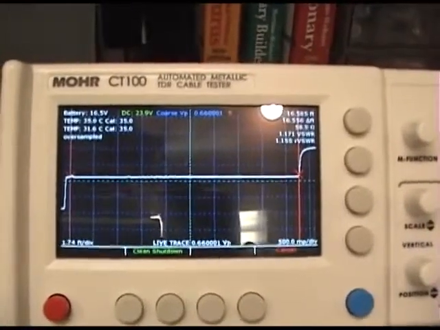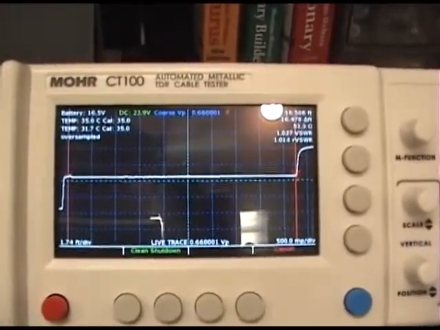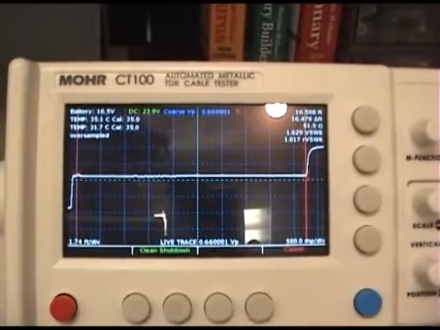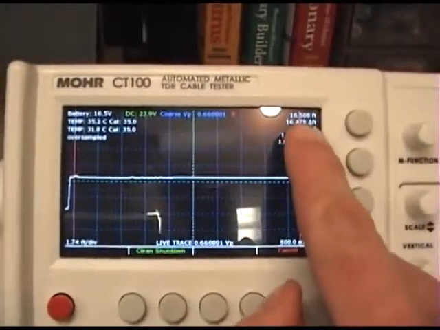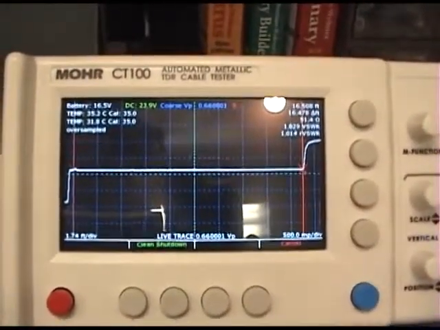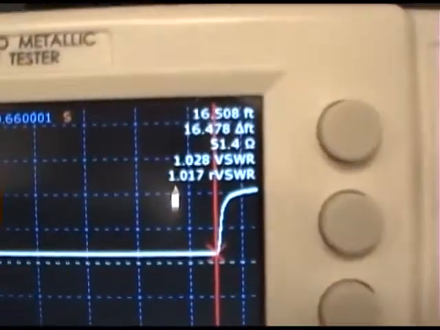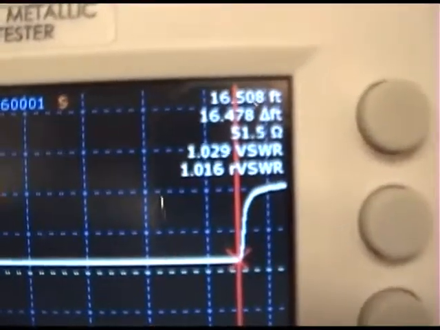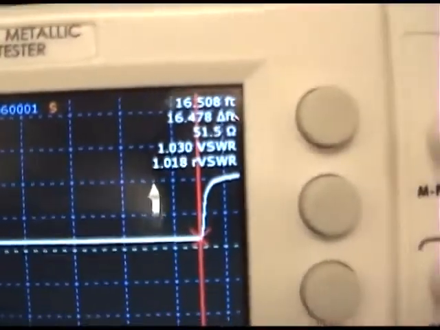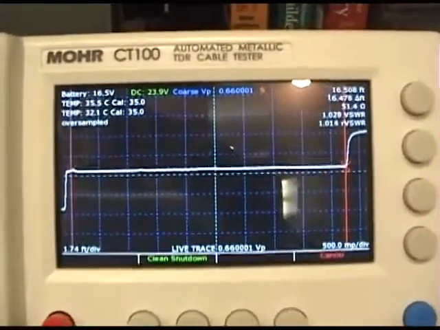So at about 52, 51 ohms there, I'm actually measuring 16.5 feet. Don't know if you can see that with the camera, but it is 16.5 feet. So that is the physical measurement.